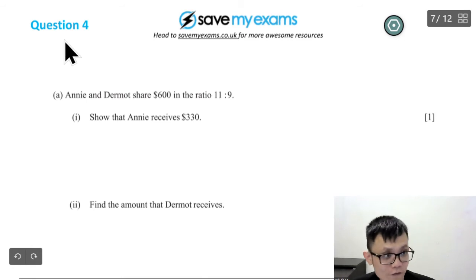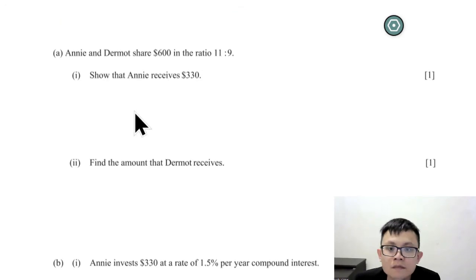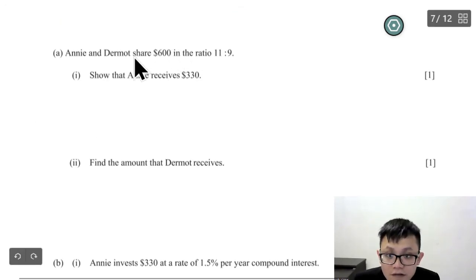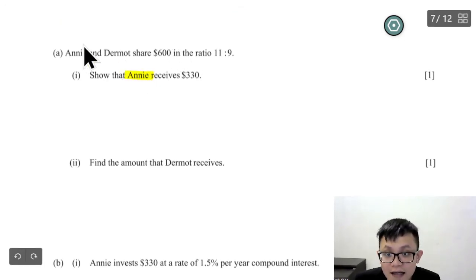Okay, question 4. Annie and Dermot share 600 in a ratio of 11 to 9. Show that Annie received 330. Okay, so for this one we can see the ratio for Annie is 11.